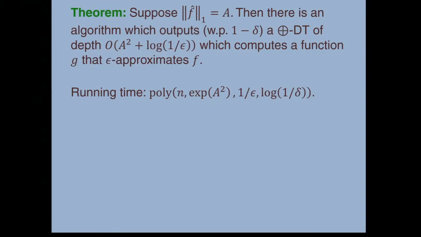You're given a function with black box access, and you construct a parity decision tree of this depth, which computes a function g that is an epsilon approximation for f. The running time is polynomial in n, in the size of the decision tree, which may be exponential in a squared, and in 1 over epsilon and log 1 over delta.